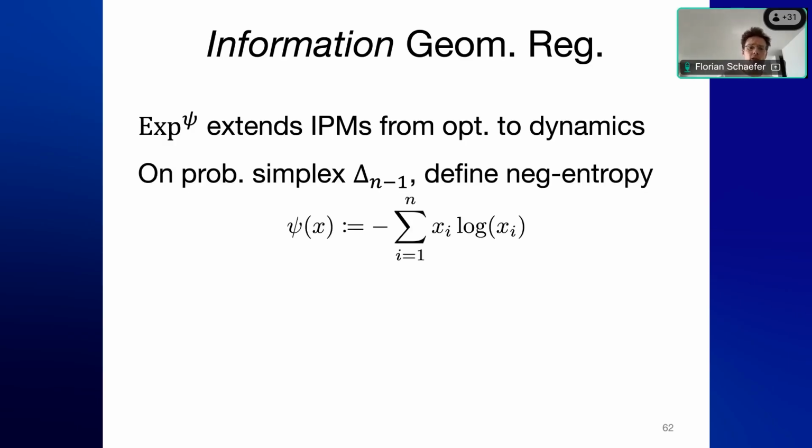It turns out, however, that if we're looking at the probability simplex, so the set of vectors that have positive entries that sum to 1, there's one very special barrier function, which is the negative entropy, the negative Shannon entropy.